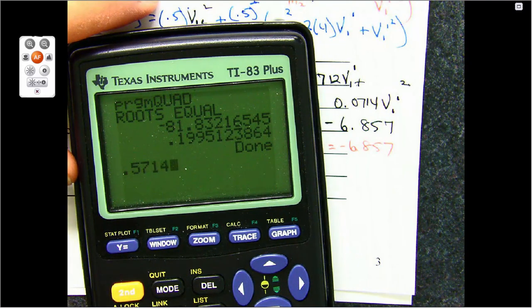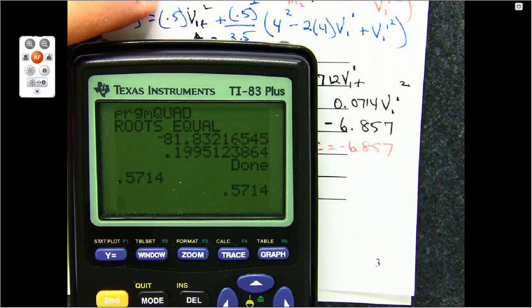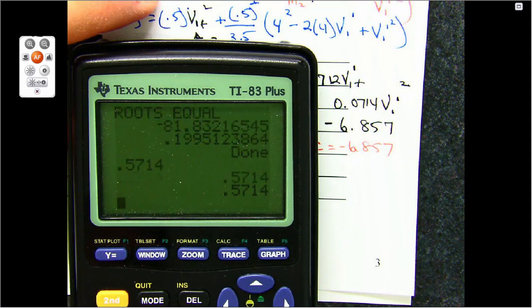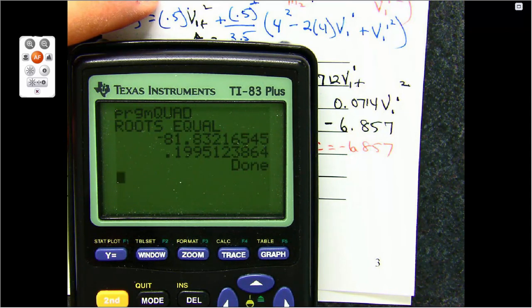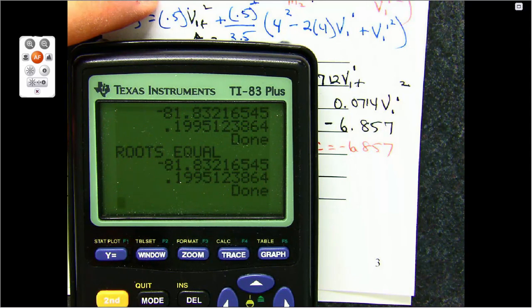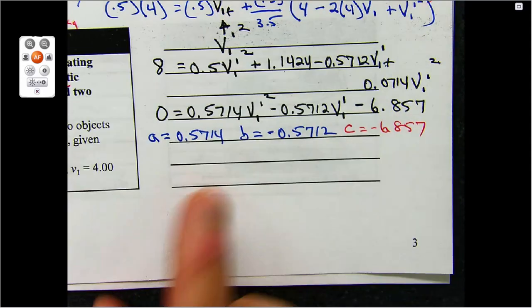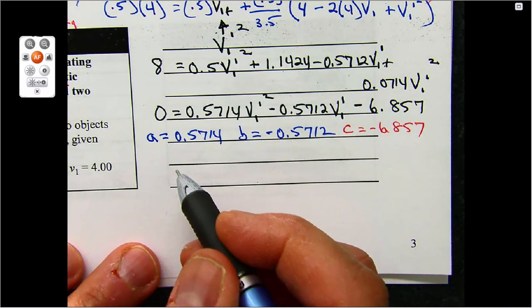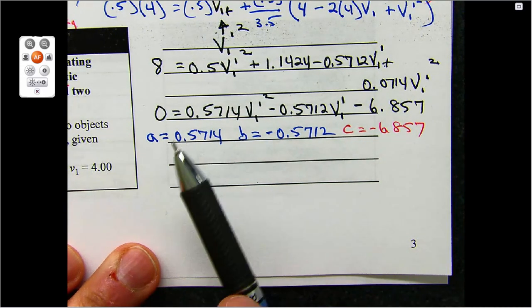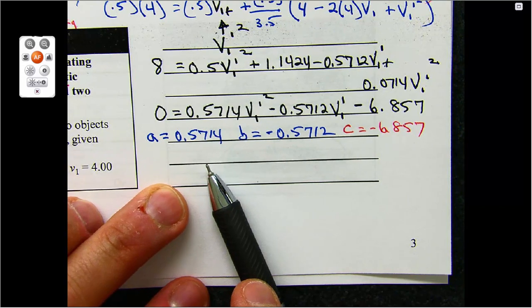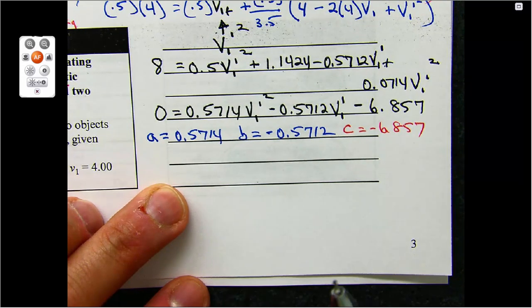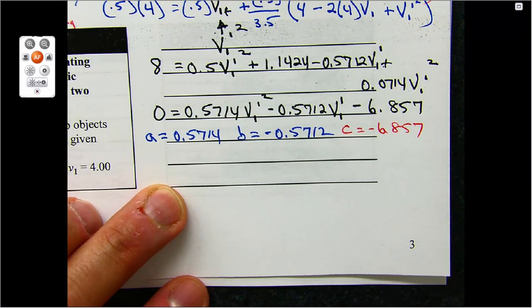0.5714. What? That didn't work. Oh. I don't think my program's working right. Yeah, who's got it? Who's got it? Come on. What do you got? What'd you get? 4 and negative 3? Did you get answers of 4 and negative 3? No. What do you? What'd you get?